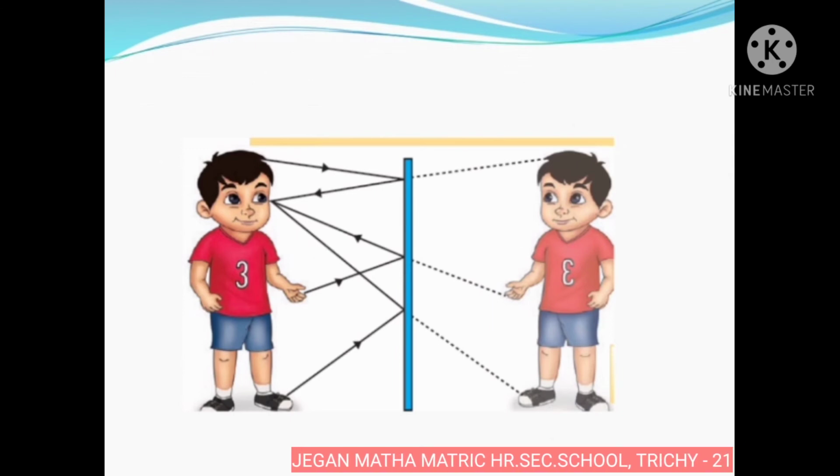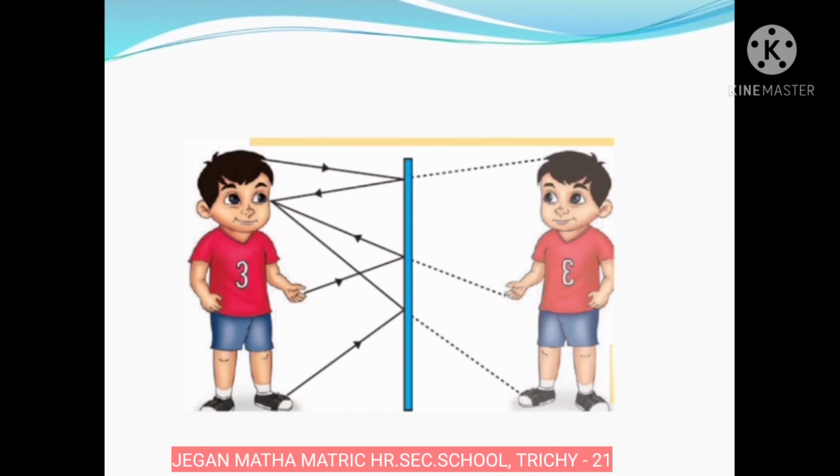Then we can determine the position of an object's image by drawing light rays. Then the distance of the object from the mirror is equal to the distance of the image from the mirror. So this distance is equal to this.